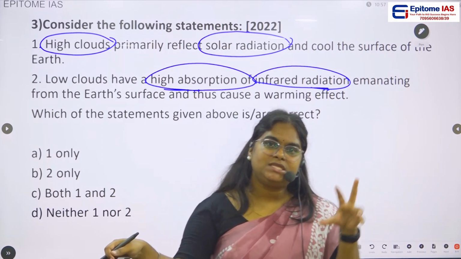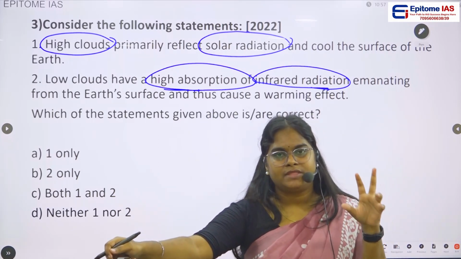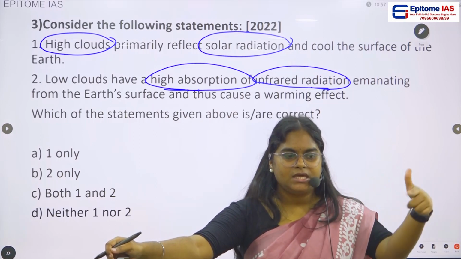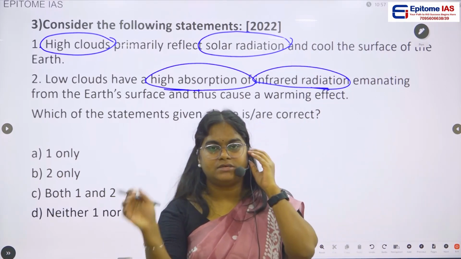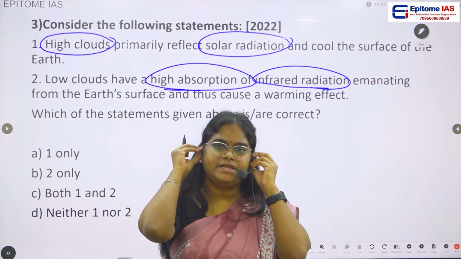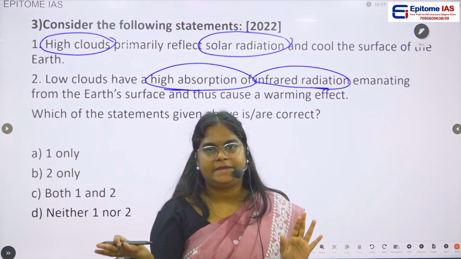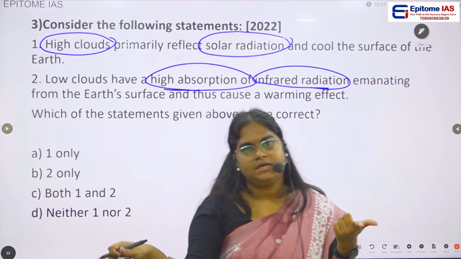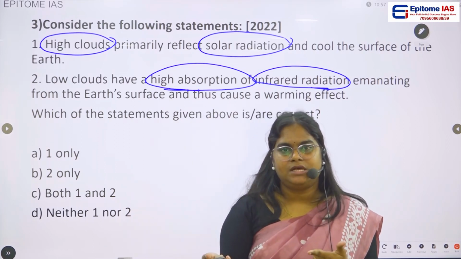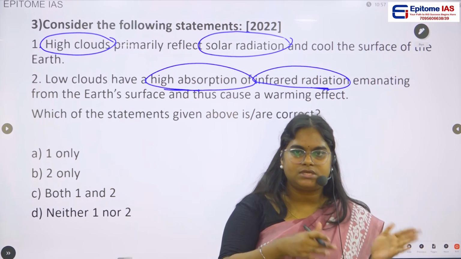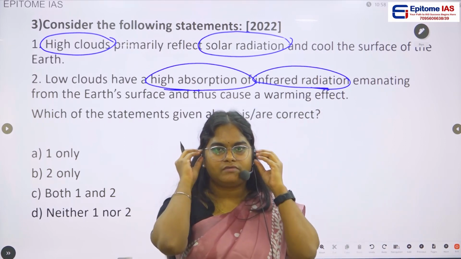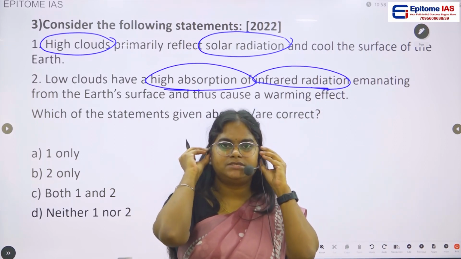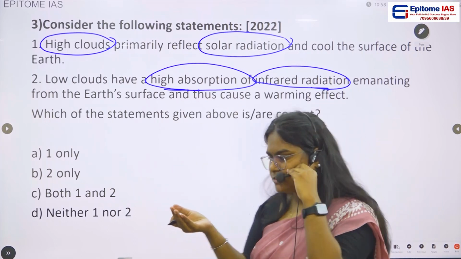So based on the height of the cloud, there is a difference in how they reflect back or absorb the radiation. Technically we were talking about the clouds in general yesterday, but we'll be seeing in detail how the high clouds and the low clouds behave for the incoming radiation and the outgoing radiation.